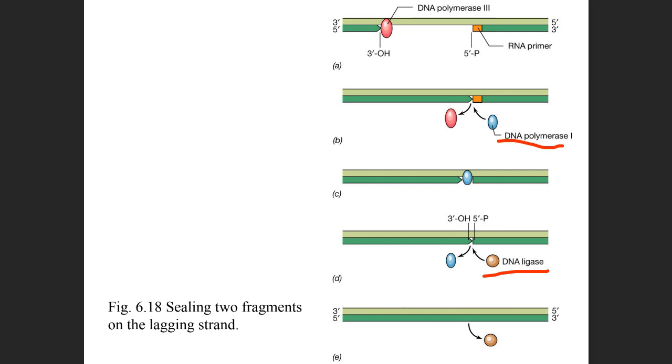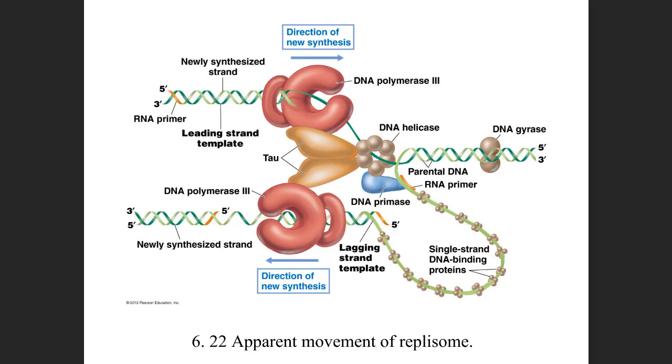All right. Now we introduce the concept of DNA polymerase 1 and DNA polymerase 3. DNA polymerase is actually a protein complex. So this is the DNA polymerase, and it is much more complex.